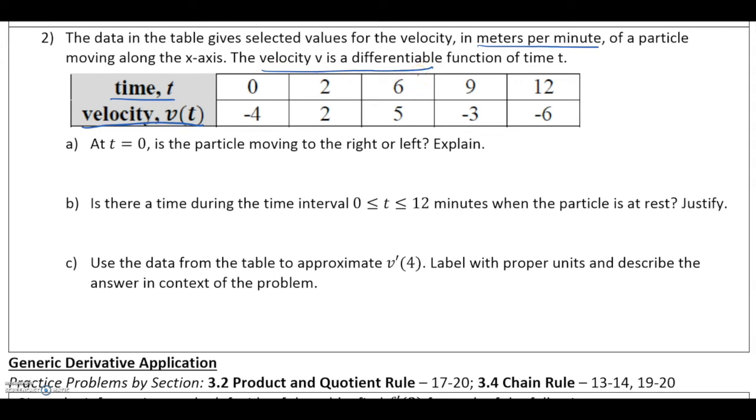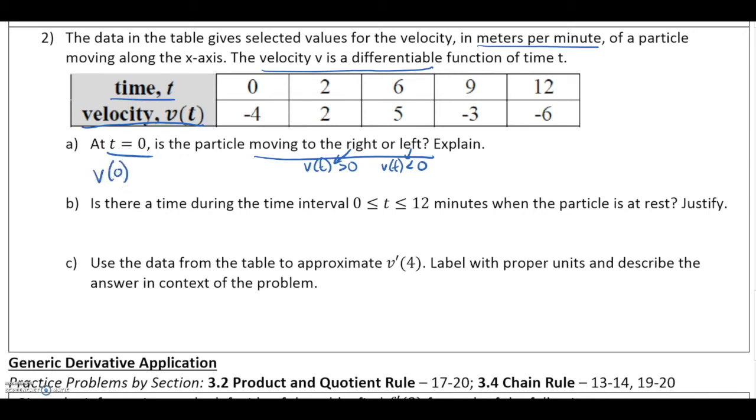And so at part A, at time equals 0, is the particle moving to the left or right? Well, movement always comes from the velocity function itself. The right would mean that we were talking about something greater than 0. Right is generally a positive direction. And left would mean less than 0. And all I want to think about is what's going on at 0 itself.